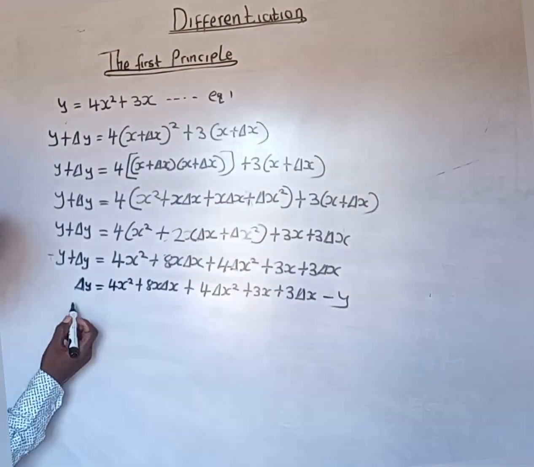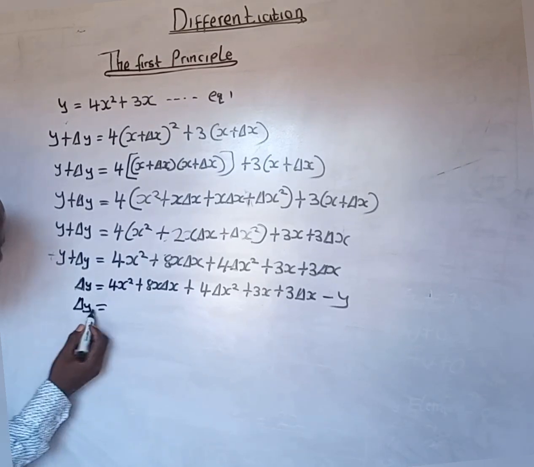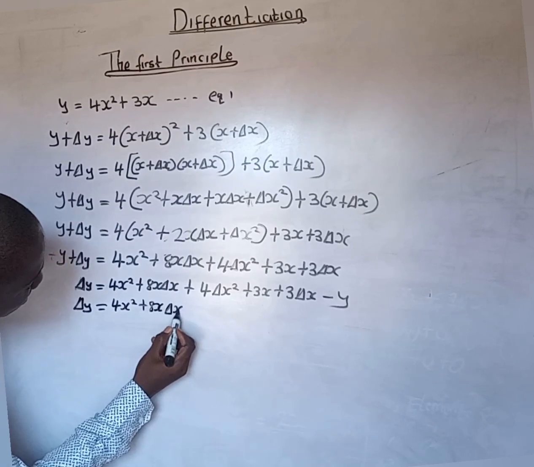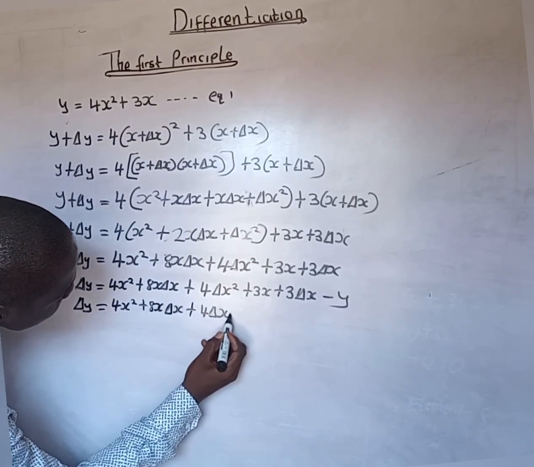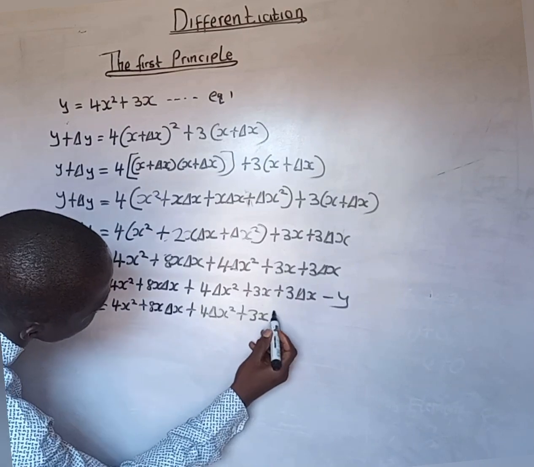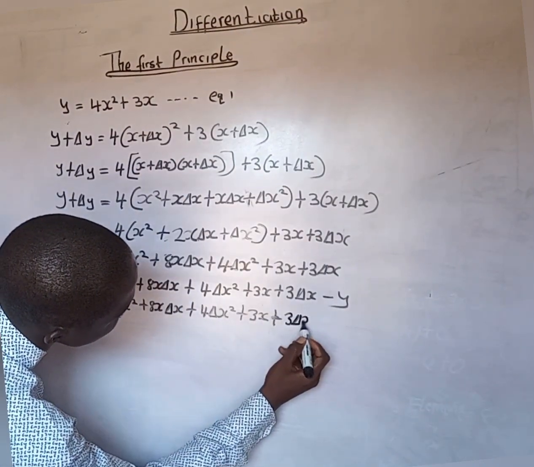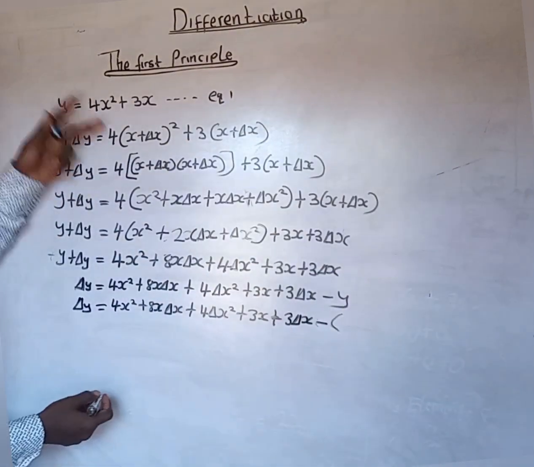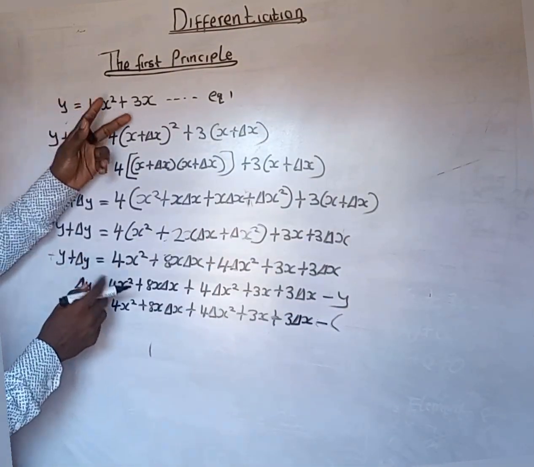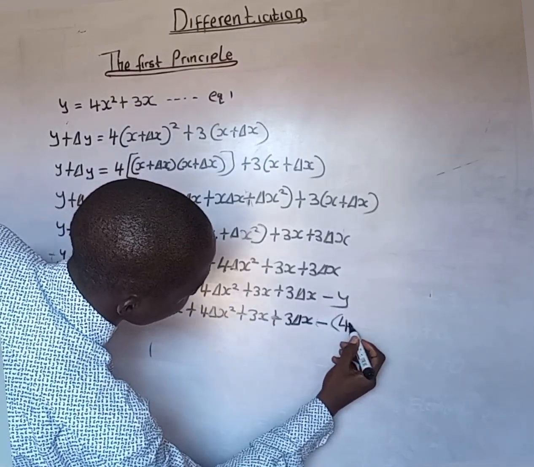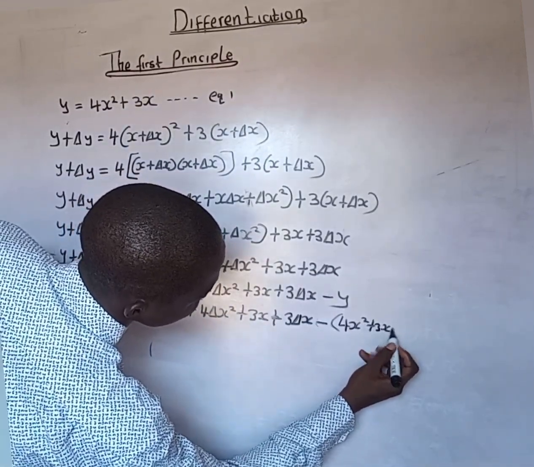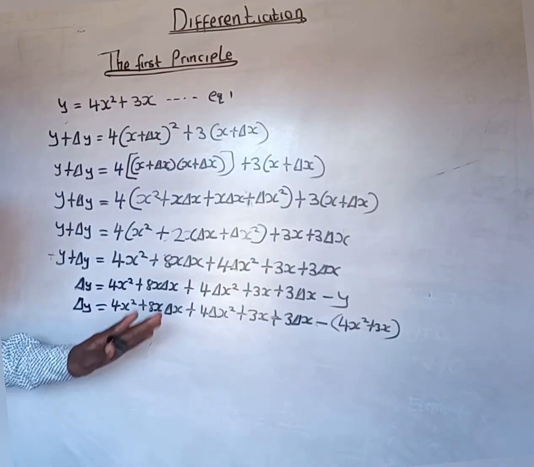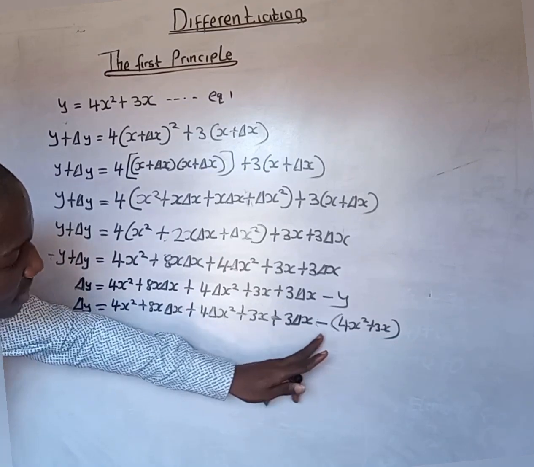So I'm going to be having the change in y, delta y, is equal to 4x squared plus 8x delta x plus 4 delta x squared plus 3x plus 3 delta x, minus, instead of this y, I'm going to have a minus into bracket 4x squared plus 3x. So let's proceed with the calculation. You can see that the next thing is to open this bracket using this minus sign.